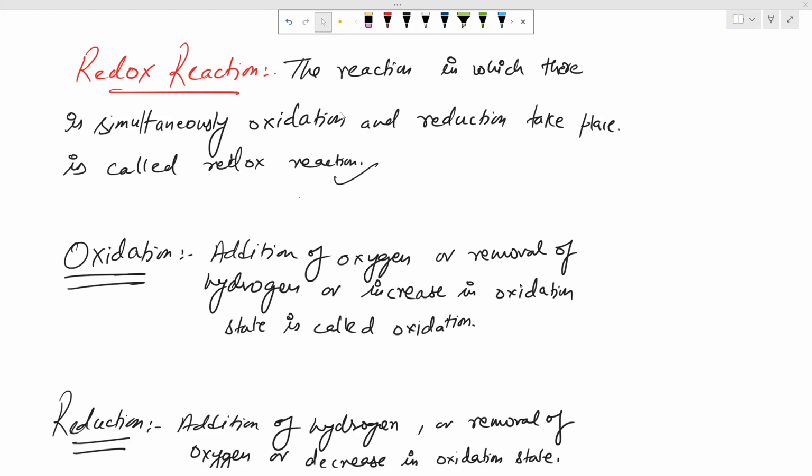Should we write down oxidation as well? Yes, note down the definition of this one also, then I'm going to explain to you.